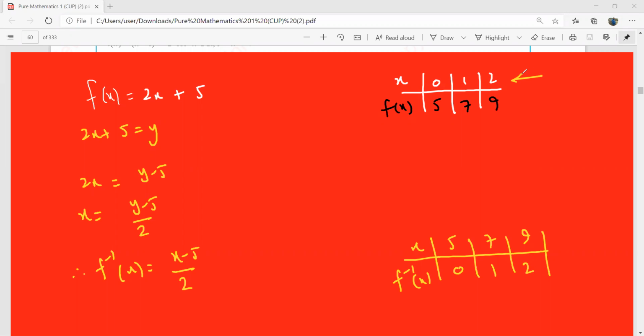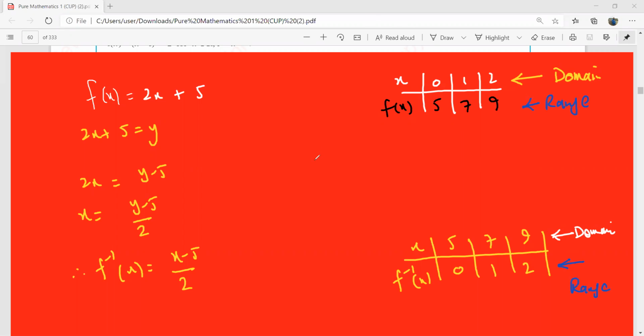So this was the domain here, and this one is now the range here. And the range over here has now become the domain.